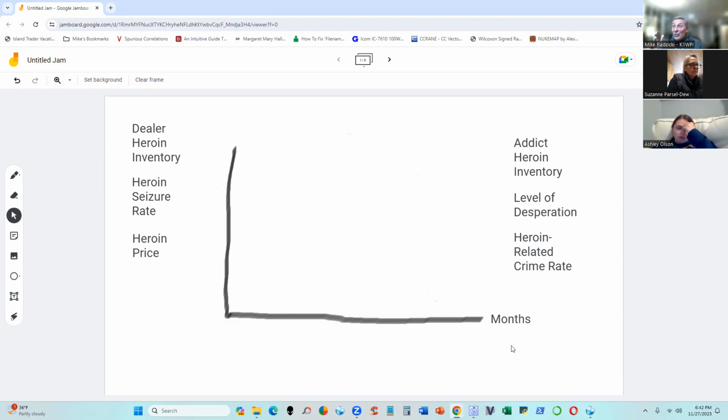So every once in a while, you see the movies where the officer thinks he's got them and they crash in and there's nothing there. Or I'm thinking of an old movie with the Rat Pack. Ashley doesn't know who the Rat Pack was, but it was Robin and the Seven Hoods. You don't remember that movie, Suzanne? Yes, of course.